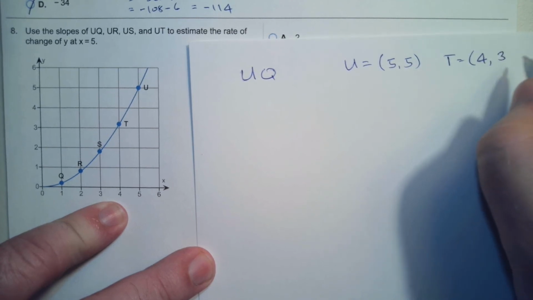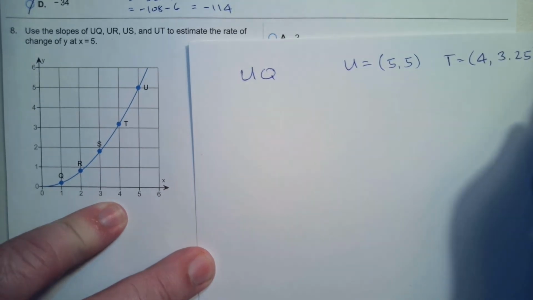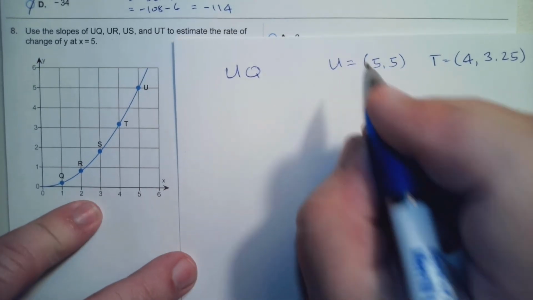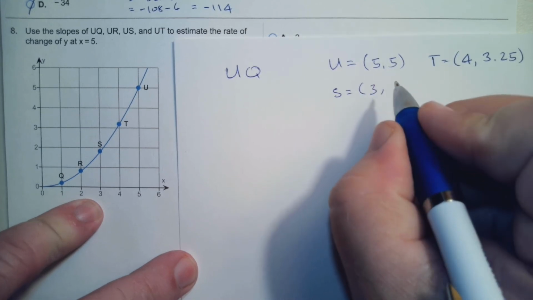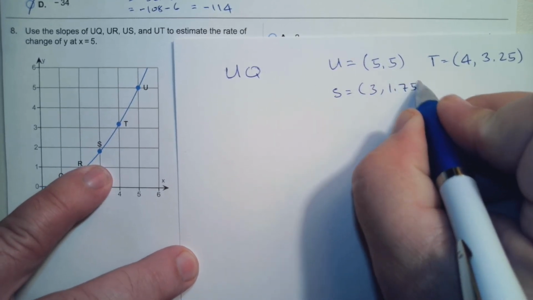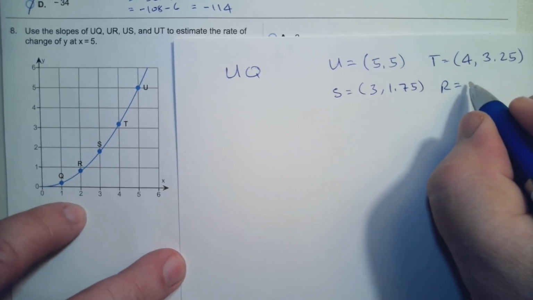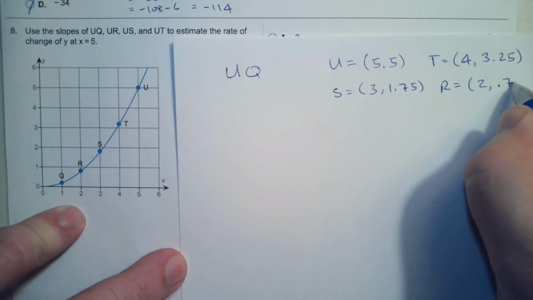4, 3.25. That's an approximate. The point S is at 3, 1.75. The point R is at 2, 0.75.